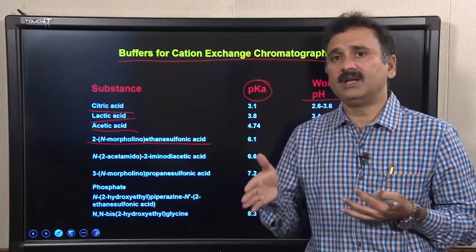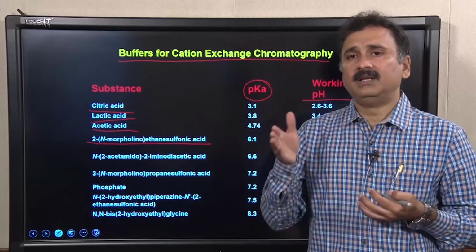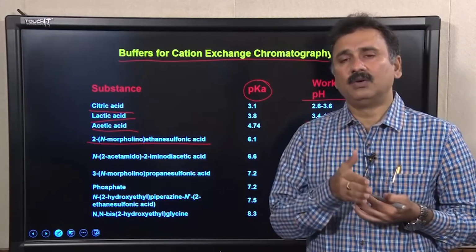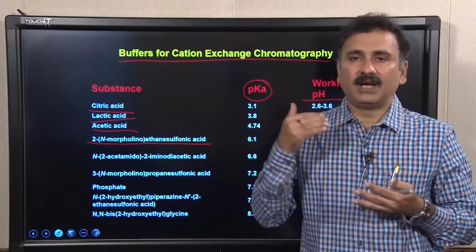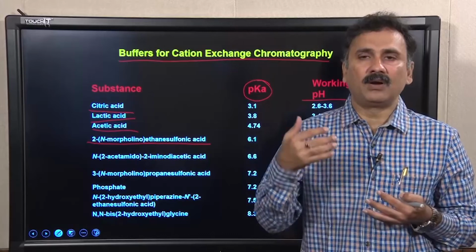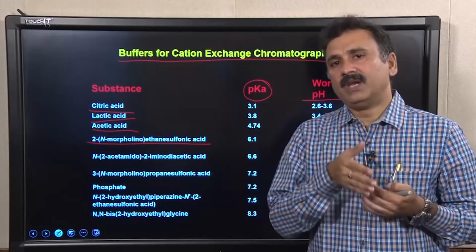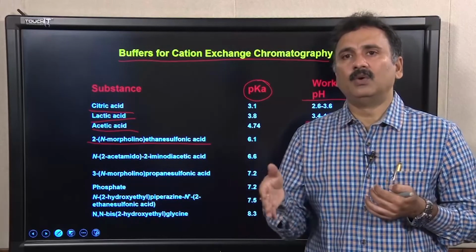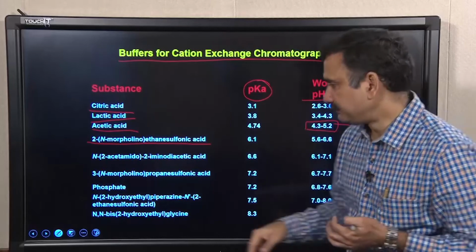What you do not want is for the elution to be done simply by varying the charge on your protein itself. What you want is to use sodium or chloride as competitive counter ions, so that it follows the basic principle of ion exchange chromatography.